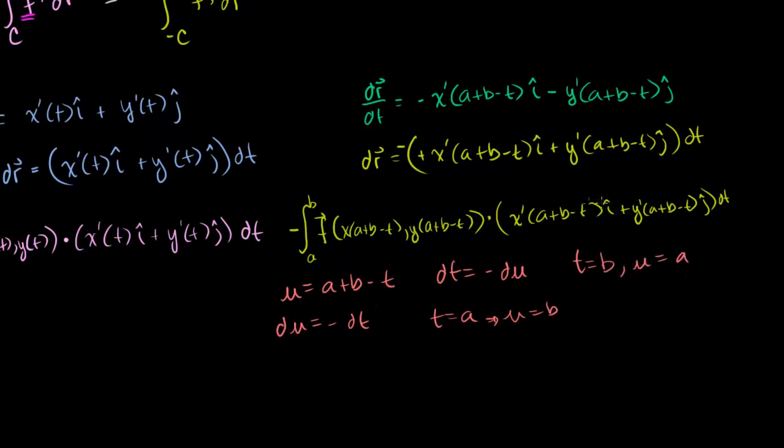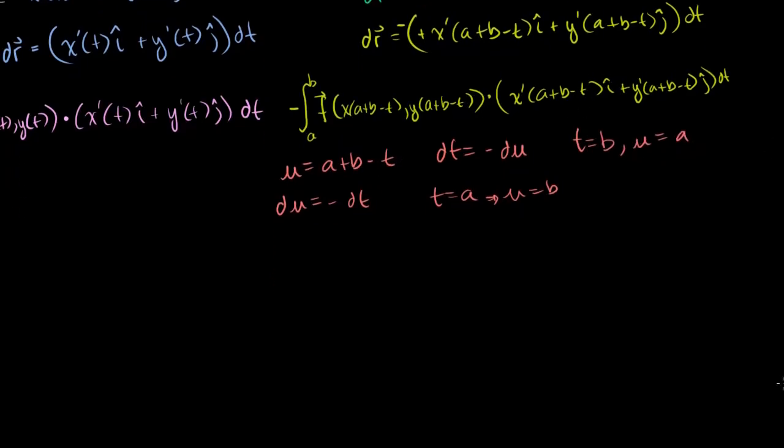So this thing, using that substitution, and this is the whole point, simplifies to minus the integral from, when t is a, u is b, to, when t is b, u is a.